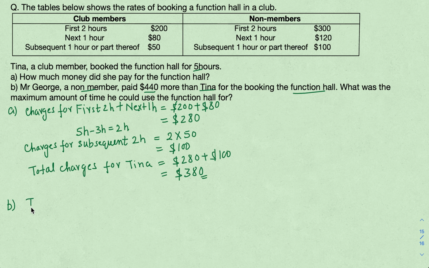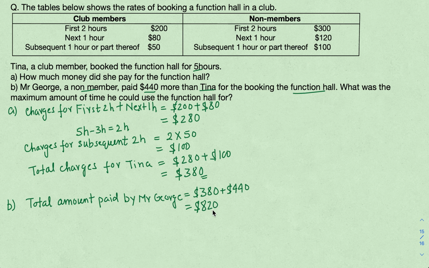So the total amount paid by Mr. George is obviously 380 plus the extra amount he paid, $440, which in total will be $820.